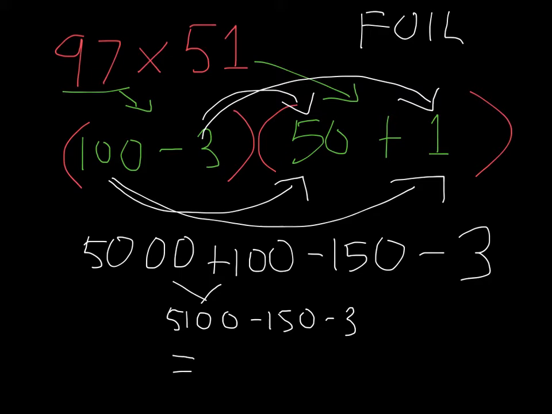So then 4,950 take away 3 is 4,947. If you go and check that answer on a calculator, you'll find that 97 times 51 is equal to 4,947. Now let's try it using some algebraic values.